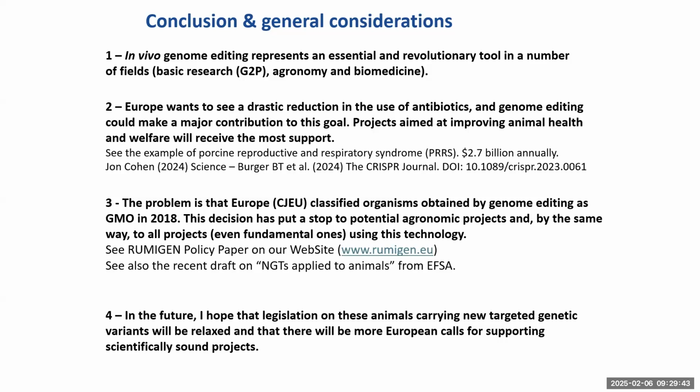We have proposed a policy paper, RUMIGEN, and last week a draft NGT applied to animals from EFSA has been made public. So if you want to consult it, it's interesting. And so in the future, I hope that the legislation on these animals relaxes and that there will be more European calls for supporting scientific projects.